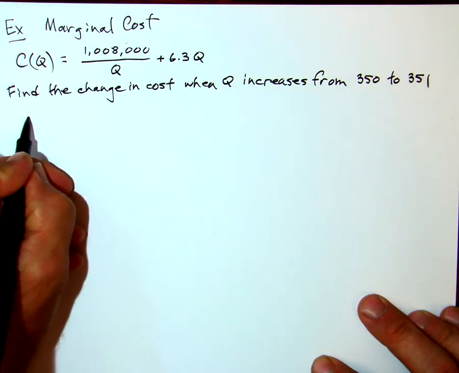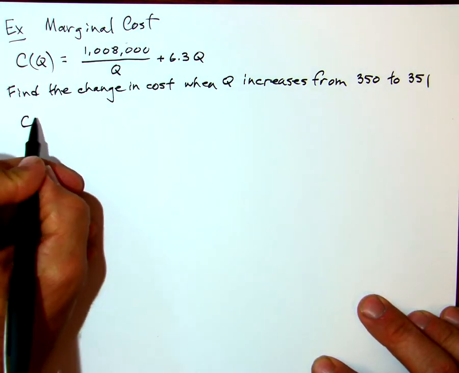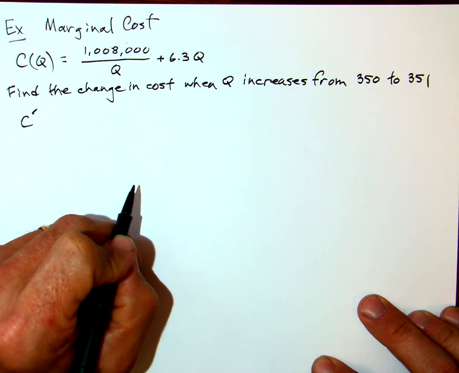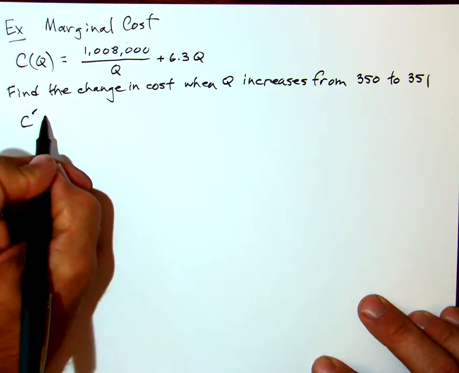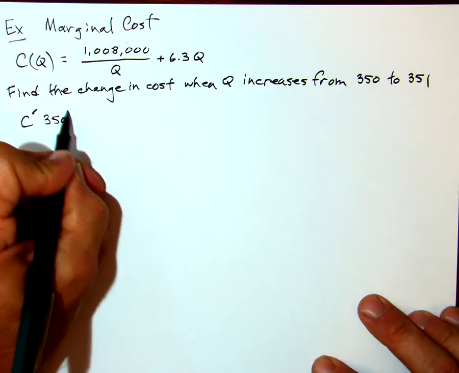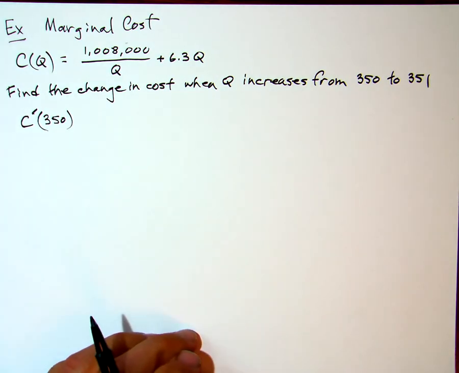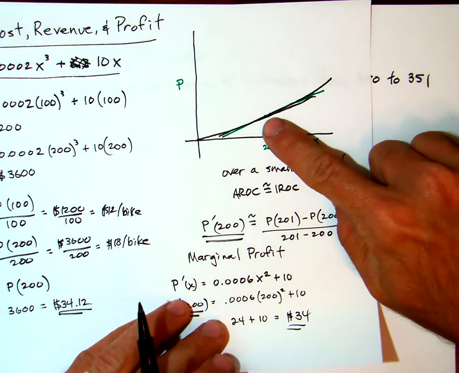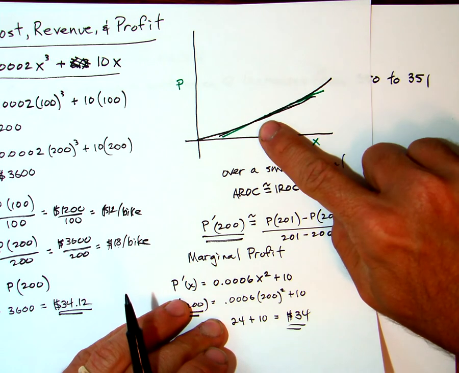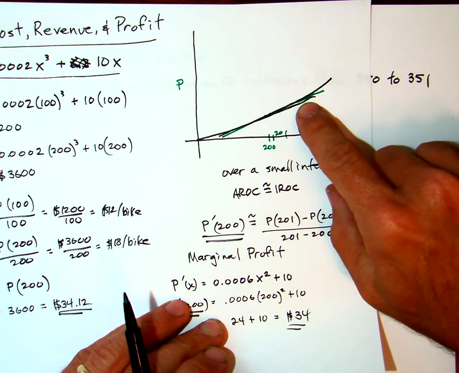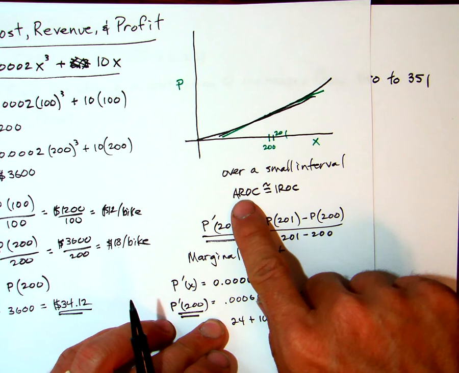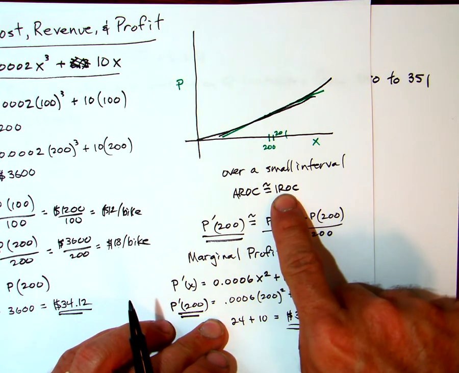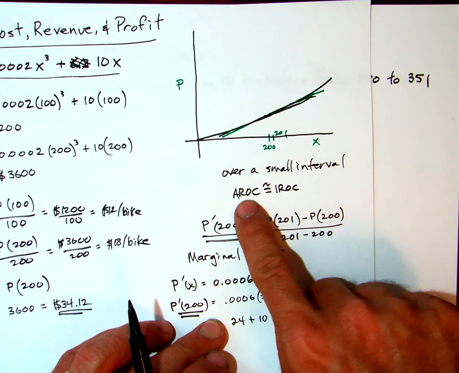What we want to find is marginal cost. That's the derivative of cost, and in this particular case, we want to find it at 350. Because if we go back to our previous example, we know that the slope of the tangent line is approximately equal to the slope of the secant line. In other words, the instantaneous rate of change, or the derivative, is approximately equal to the average rate of change over a small interval.